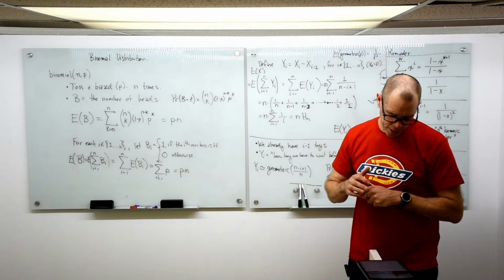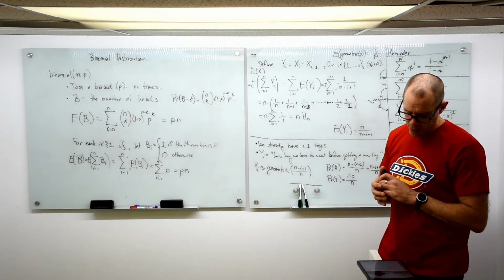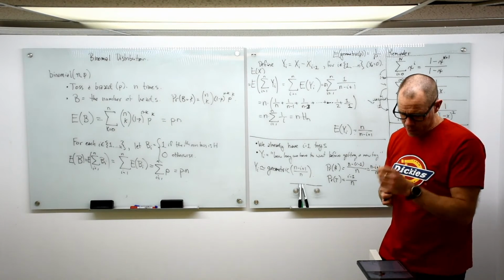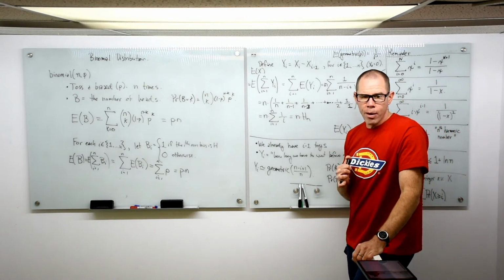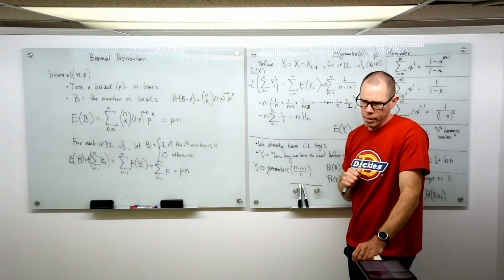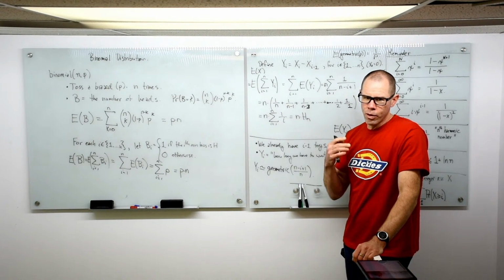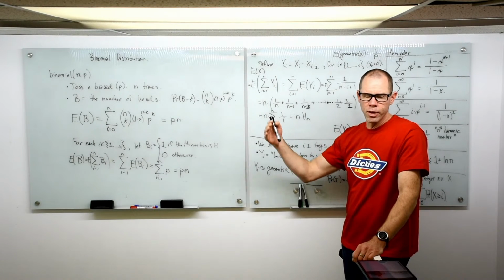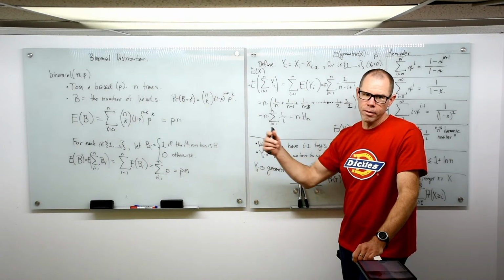Is memoryless related to independence in any way? Well, memoryless in this case comes out of independence, in the sense that the reason that it's memoryless is that the coin tosses that define the geometric random variable are independent.